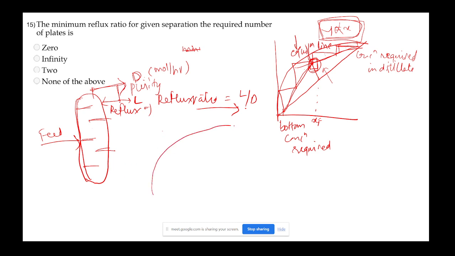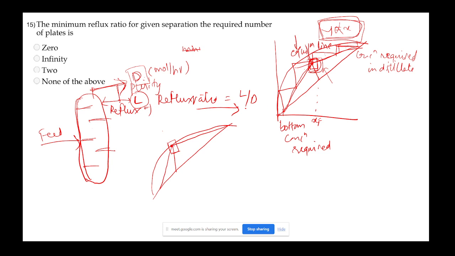If this is the equilibrium line, then minimum reflux will occur when whatever you are getting, you take out all that product in the form of distillate, so you are not returning anything, so that you calculate from this point where there is no gradient actually. Since there is no gradient, you will require more and more plates. So the lesser the gradient, the more plates will be required.